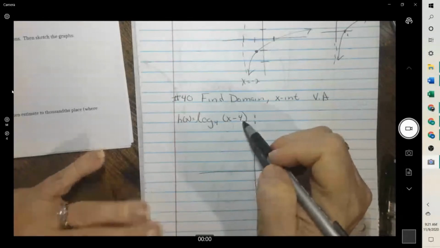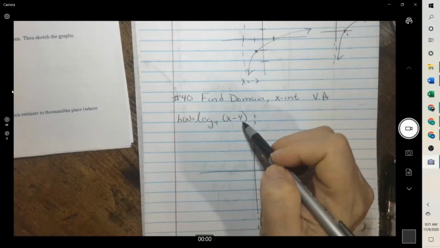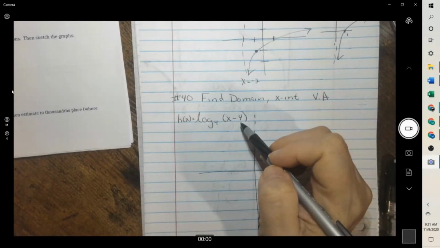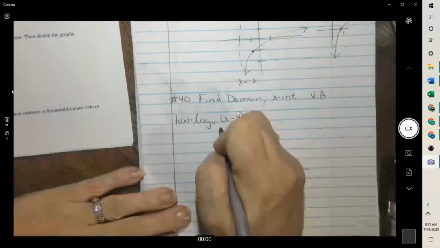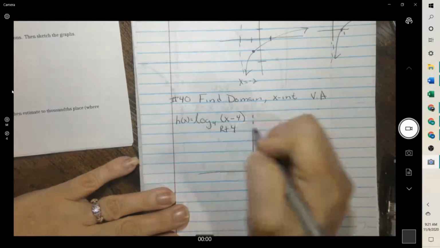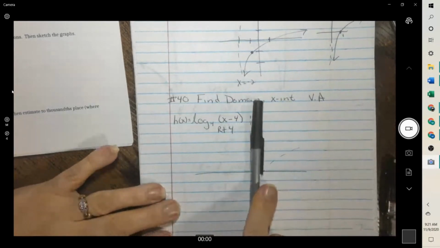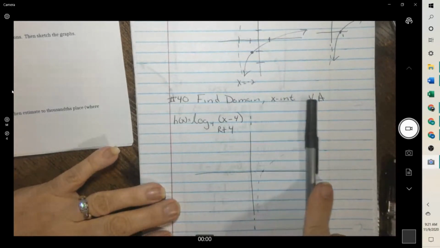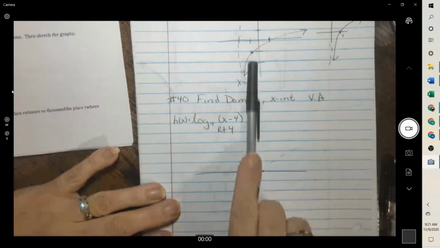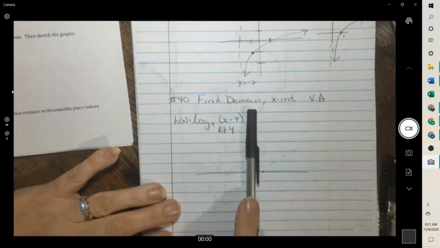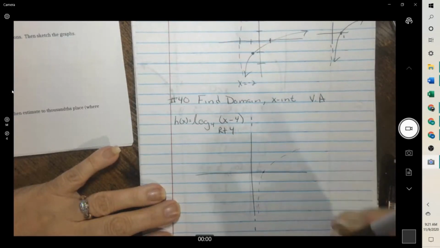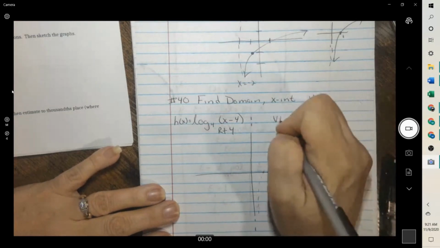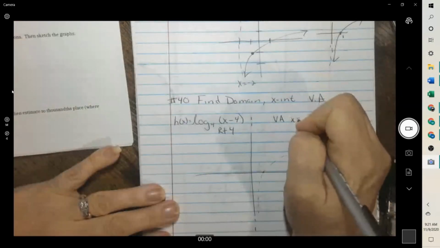How's a -4 going to move it? It's going to go right 4. Since we're moving right 4, our asymptote will move right 4. Up or down won't affect a vertical, but right and left will. So our vertical is at x equals 4.